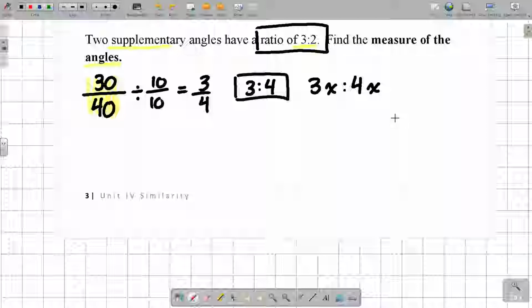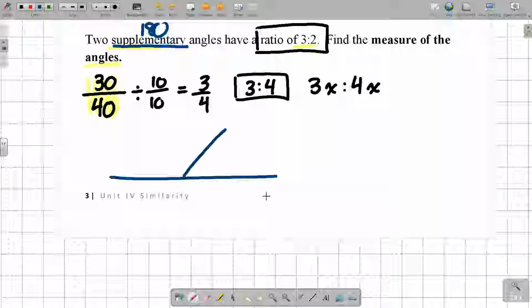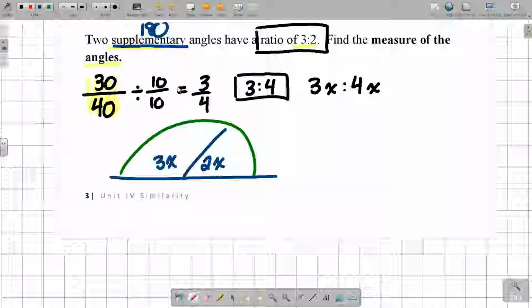So in this scenario, supplementary, you should know that means you just draw a linear pair. And my ratio is 3 to 2, so that's 3 of something and 2 of something. So to solve, we know supplementary by definition means 180.